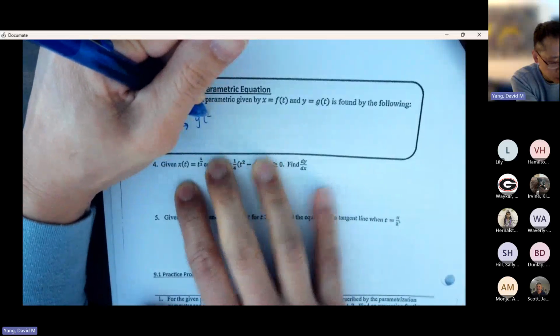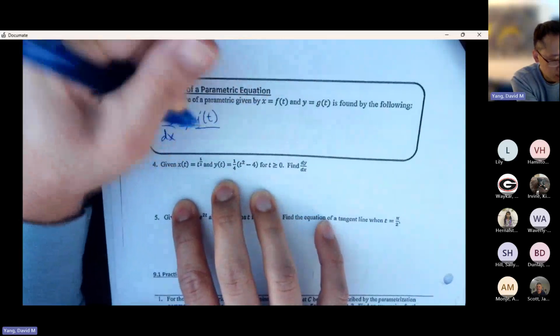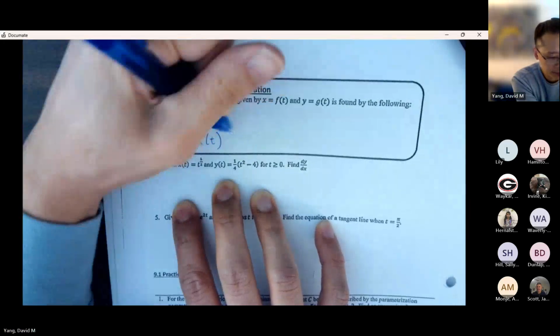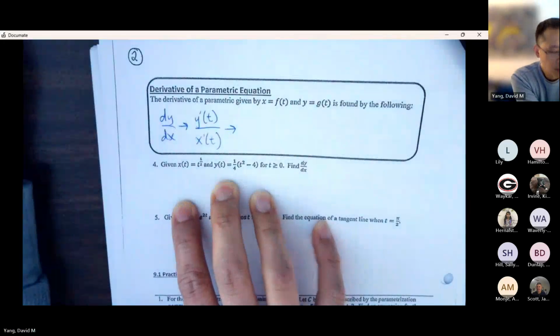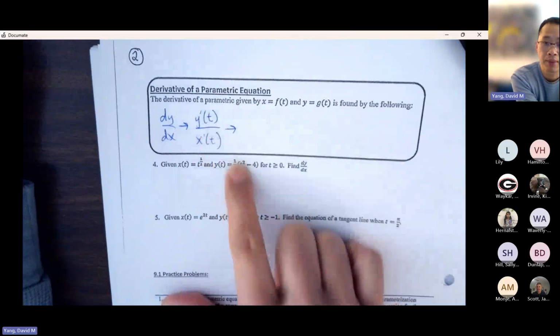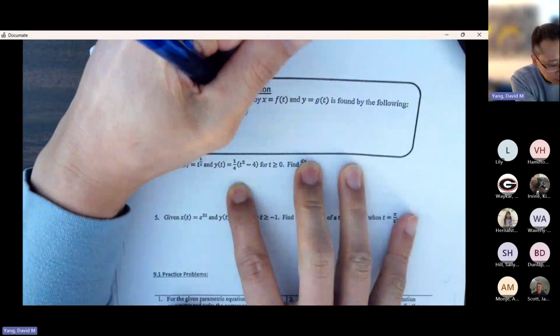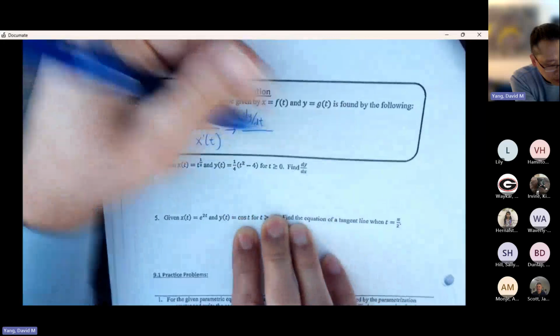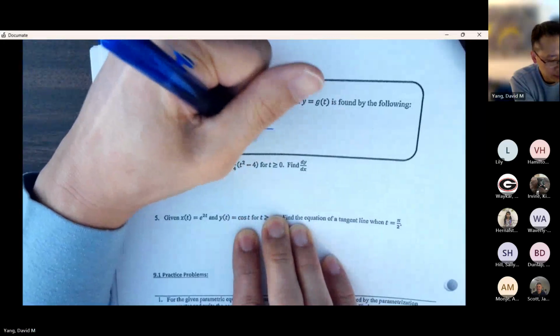We can do a derivative with respect to time. So we can do y prime of t divided by x prime of t. And then y prime is basically dy/dt. So it kind of has that related rates feel to it.